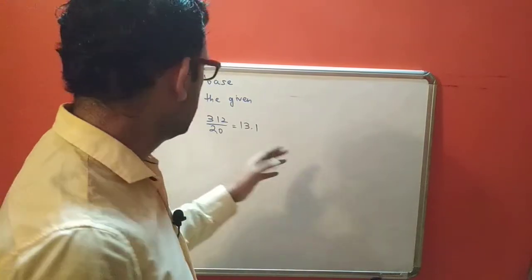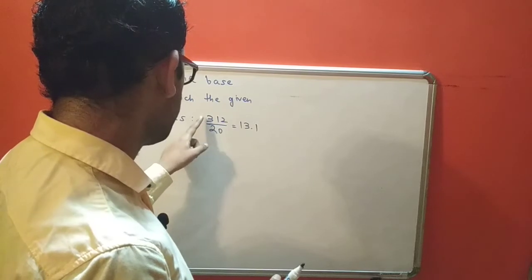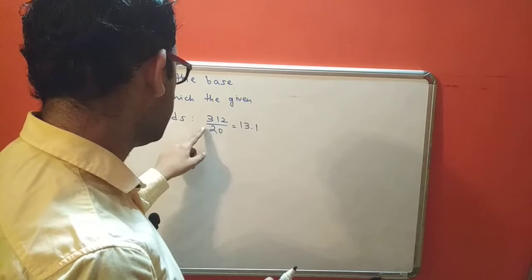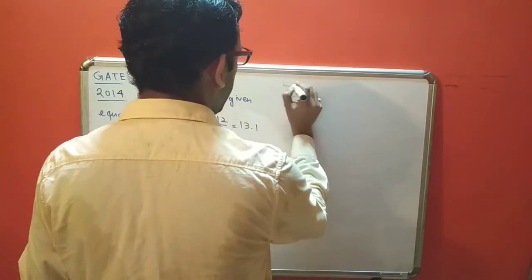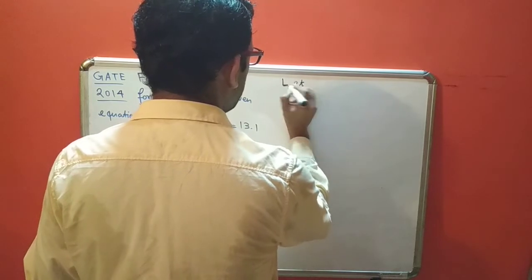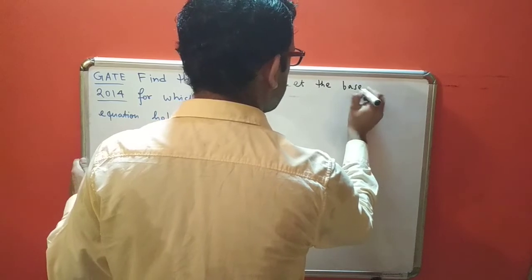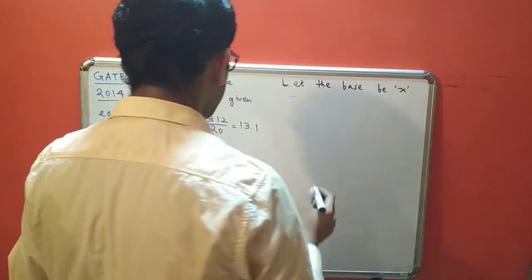So see, if this equation has to hold true, that means you are performing a division operation. If you have to perform a division operation, then both these numbers have to be in the same base. So let me assume this common base to be x. Let the base be x.